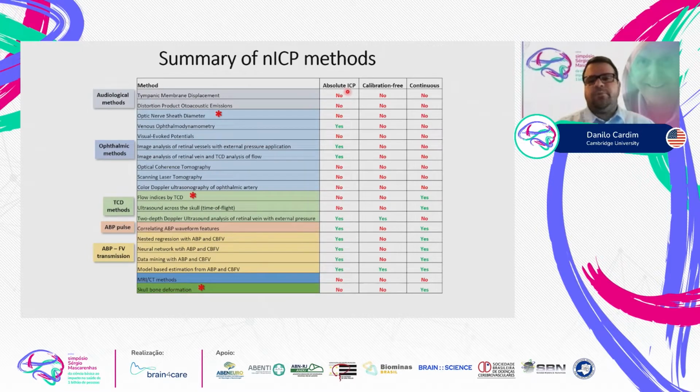There are, for example, methods that provide intrinsic calibration in millimeters of mercury or any other pressure unit. We have methods that do not require calibration. And then we have methods that provide or do not provide continuous measurement of intracranial pressure.